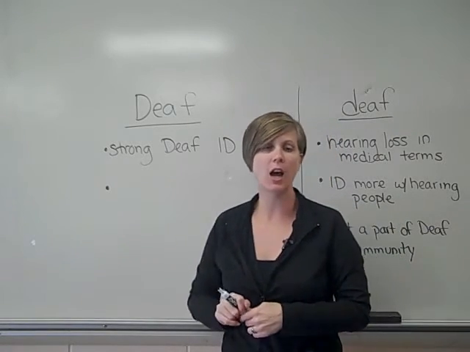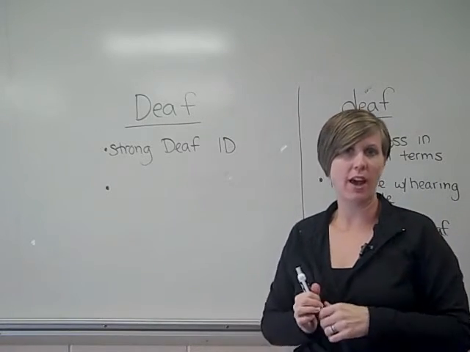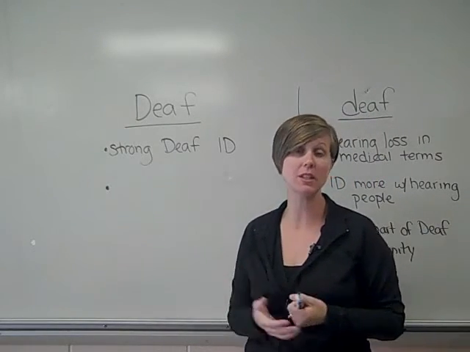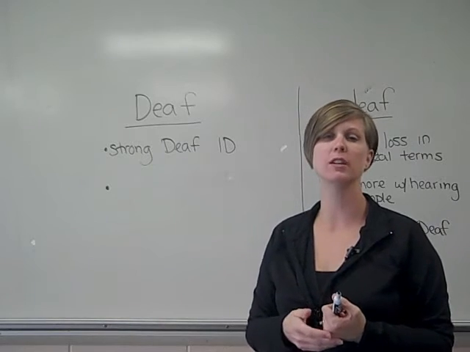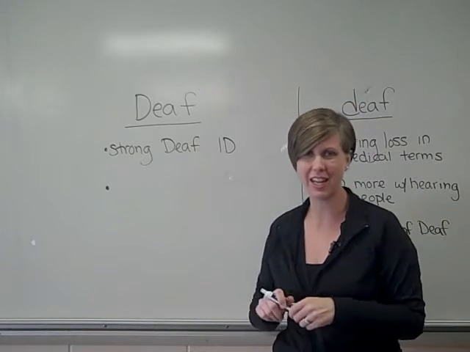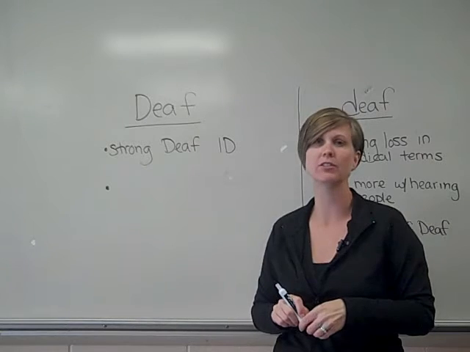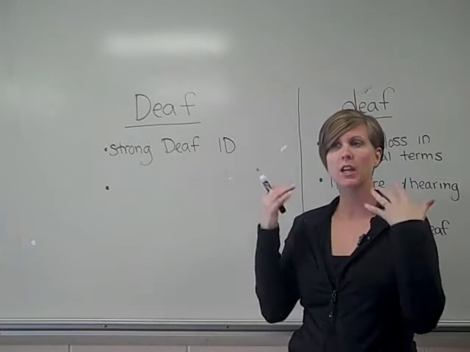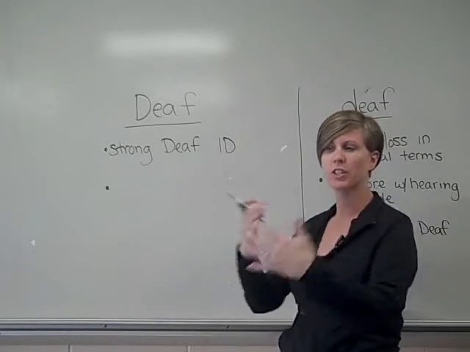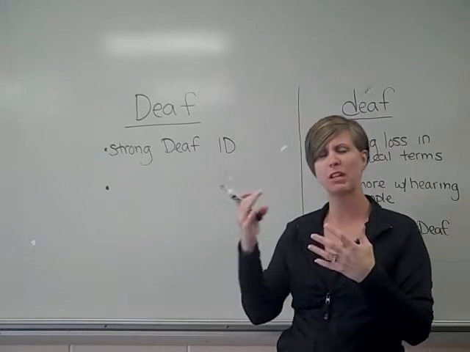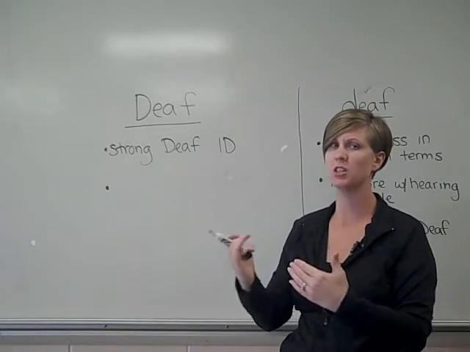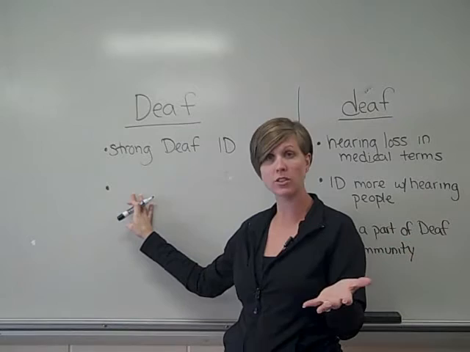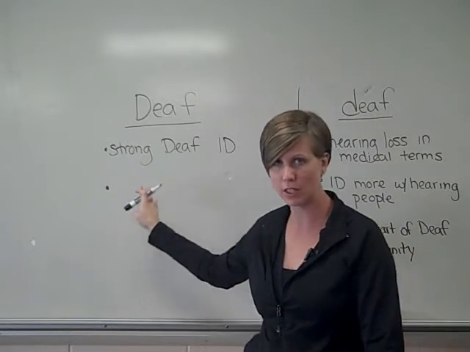They probably have more friends who are deaf, and they have the same communication modes, or at least maybe similar communication modes, that allows them to talk freely and hang out and socialize very easily, rather than some of the challenges that someone can face if they sign and someone is hearing, where you're trying to read lips, or the hearing person might know a little bit of sign. There's that communication breakdown. So they tend to associate more with other people who are also deaf, who might be involved in the deaf community as well.